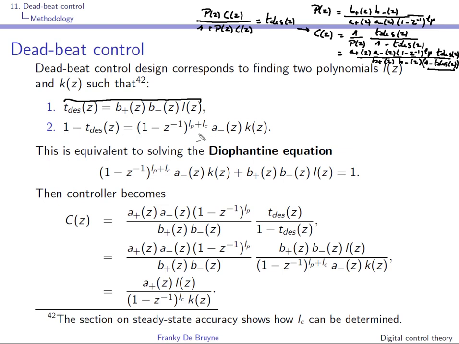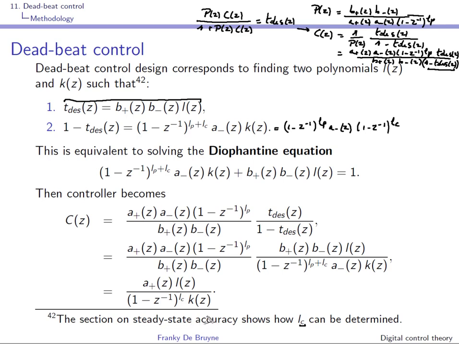So it's this number of integrators times a minus, right? So you can write it like this. It's 1 minus Z minus 1 LP a minus Z, right? This will make sure that this disappears from the controller, and then you have to put a number of integrators in your controller, LC, and this LC depends on the steady state accuracy.